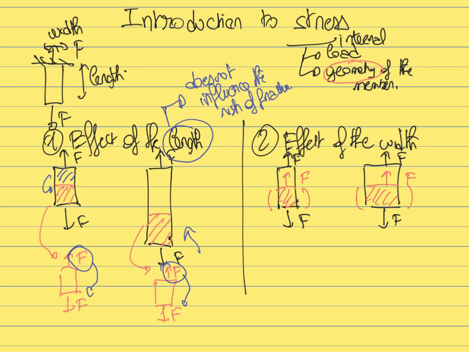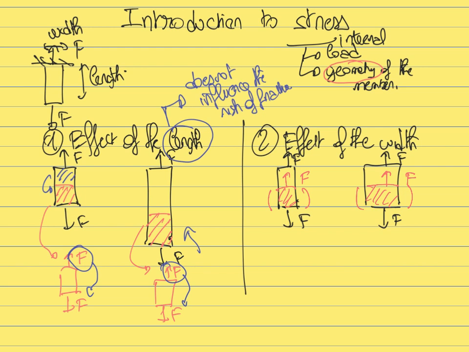So now at this point, what we see is that the internal load does not depend on the geometry of the member, whether the member has a different length or a different width. The internal load always remains the same.